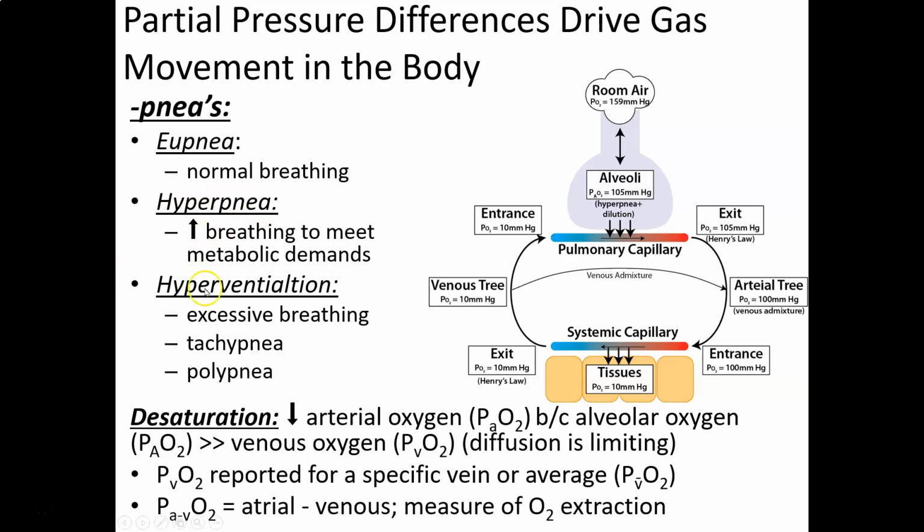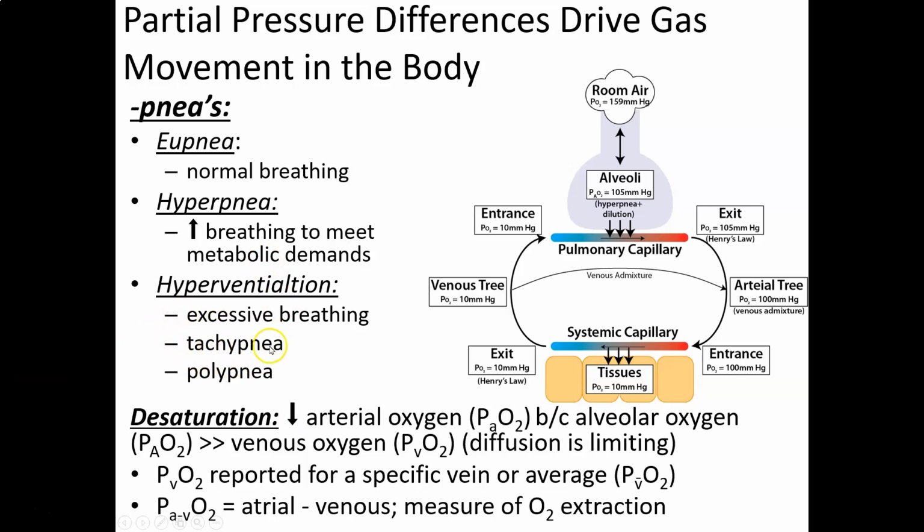Don't confuse hyperpnea with hyperventilation. Hyperventilation is different. It's excessive ventilation. It's excessive breathing. It's more breathing than you need for the metabolic condition. And in hyperventilation, we're going to get rid of excess CO2, as we kind of saw in lab a couple ways in the past semester. So hyperventilation is excessive breathing, and sometimes it's known as tachypnea.